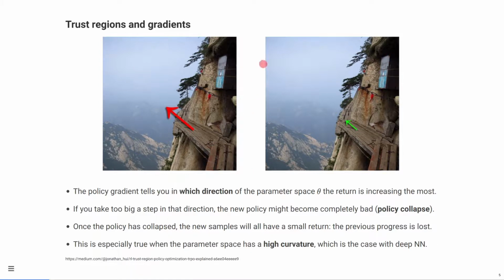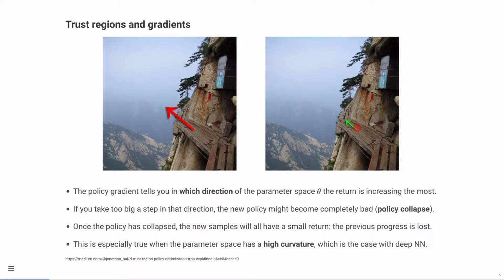It's always something very complex. And that explains why you may have policy collapse in DRL, because if you take too much of a step with your parameters, you may reach a policy which is totally bad. So you have to be really careful when you take the gradient, not to take too much of a step.